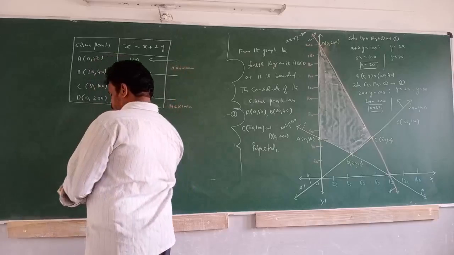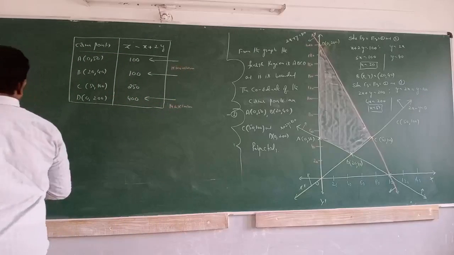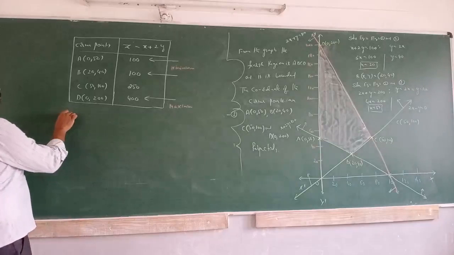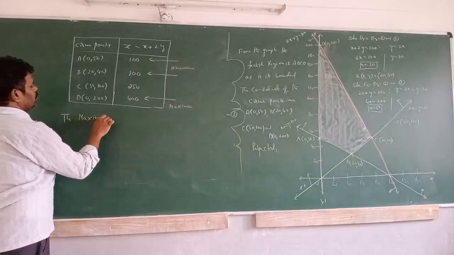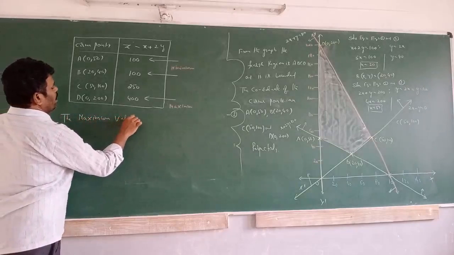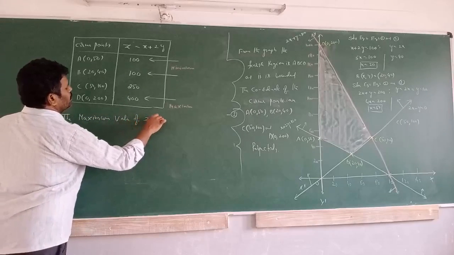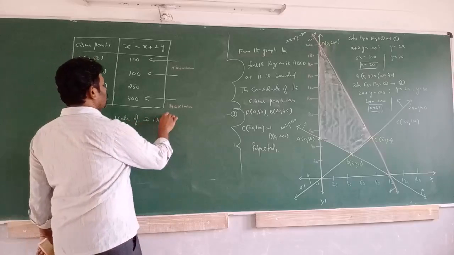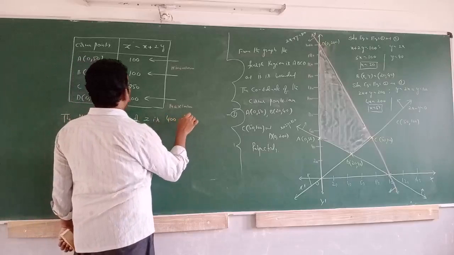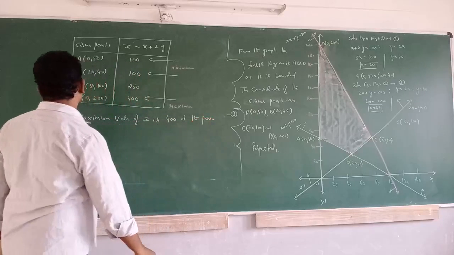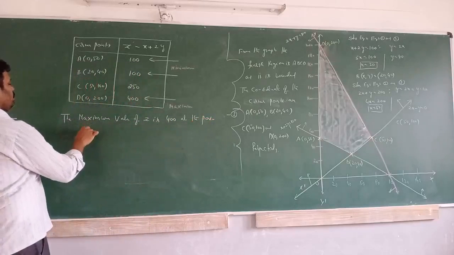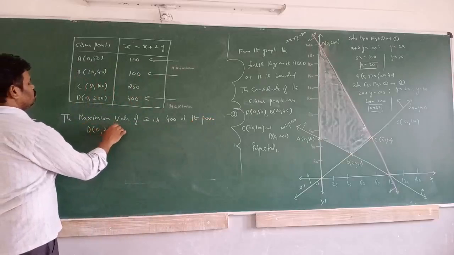So the maximum value of z is 400 at the point D of 0, 200.